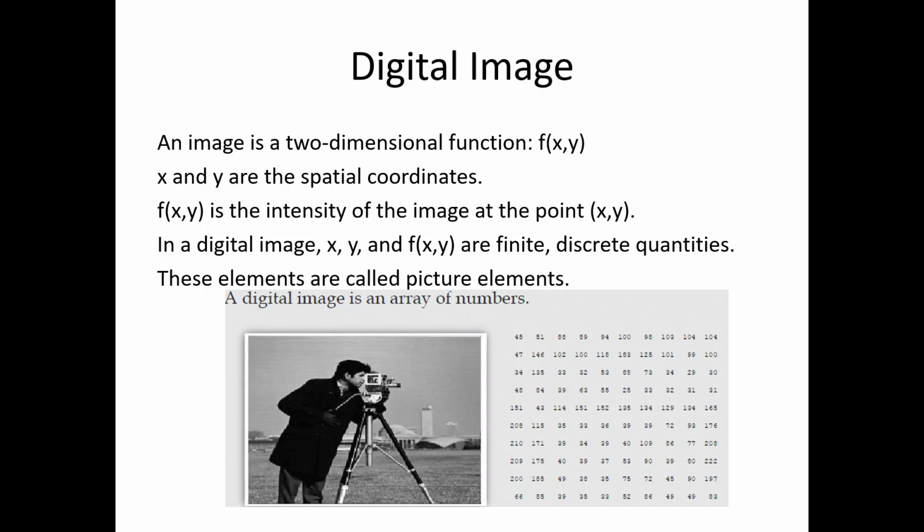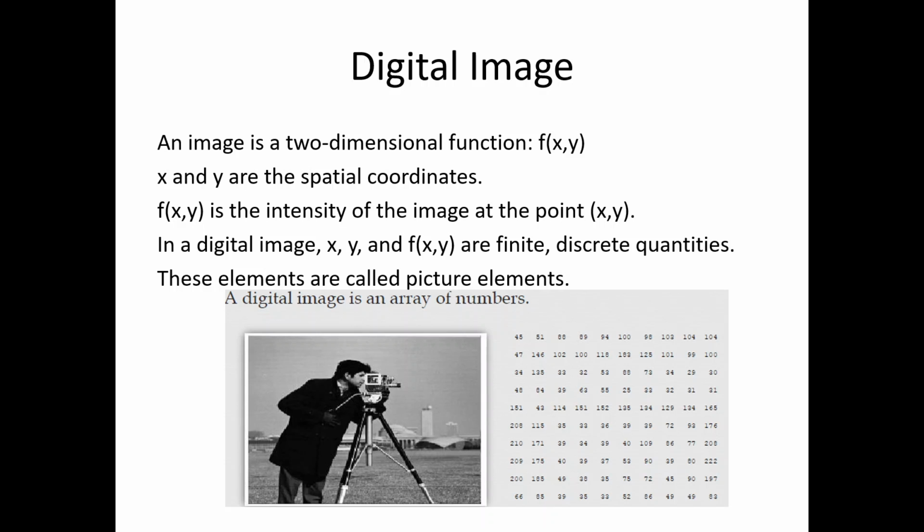That intensity or pixel value is generated with the help of a two-dimensional function known as f(x,y). F is representing a variable here, but that f function is helpful to generate the pixel value, which comes through that analog to digital converter.